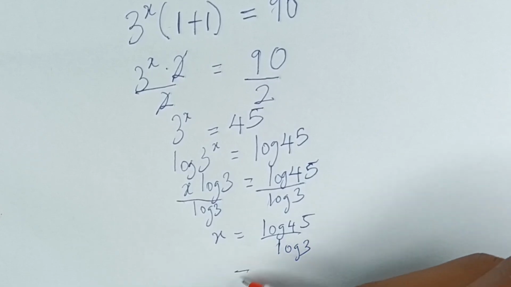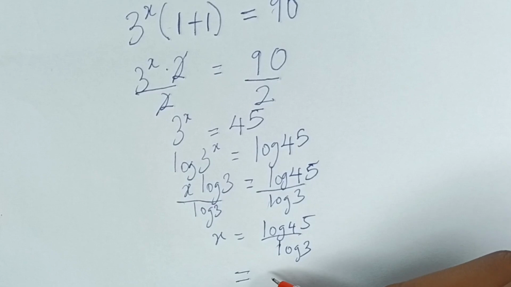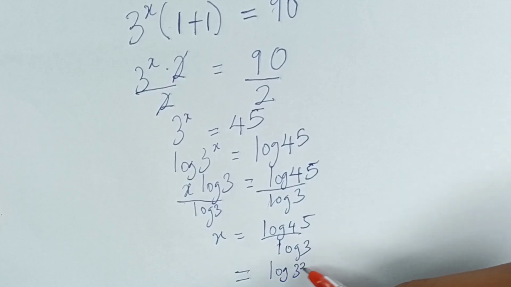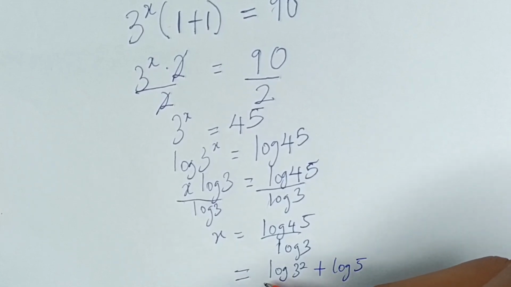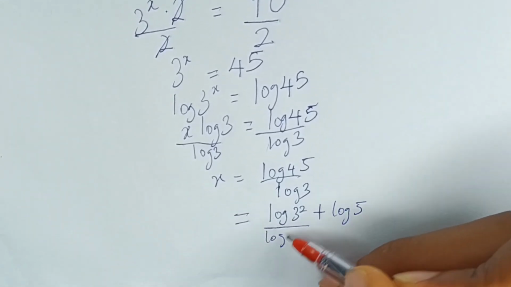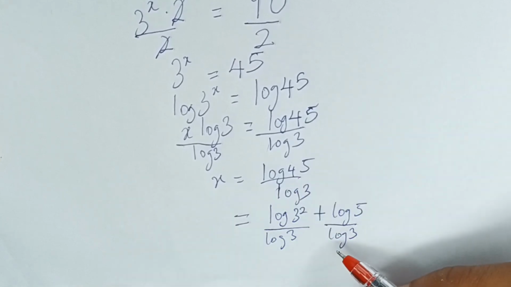And now log of 45 is the same thing as log of 9 times 5, okay, so we have here log of 9, which is log of 3 squared, plus log of 5, all over log of 3.